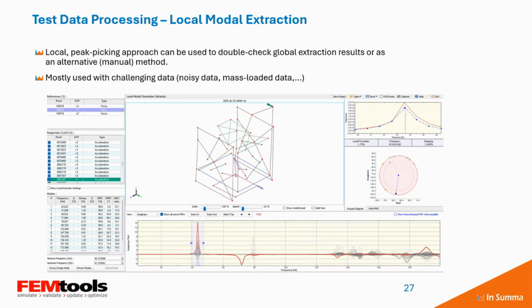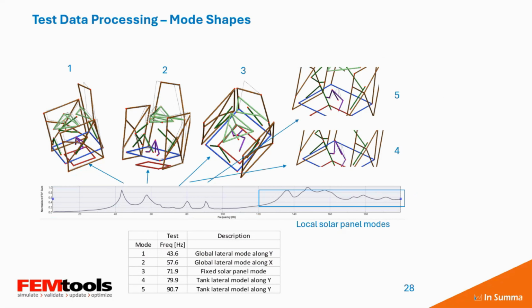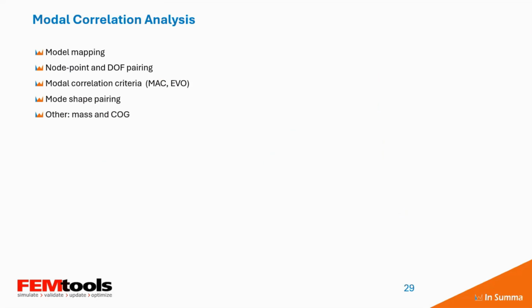And it's mostly used with challenging data, where we have a lot of noise or mass loaded data, as described before. From there, we can extract our mode shapes, not very visible here, but hopefully it becomes clear during the demo. Here we can derive all the mode shapes from the test data as well.